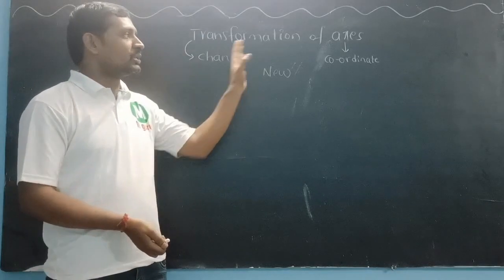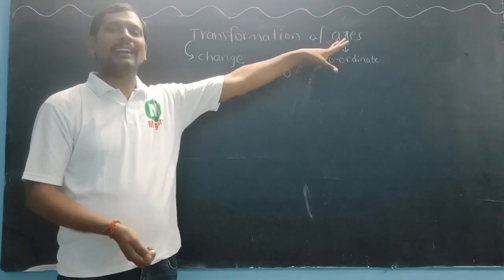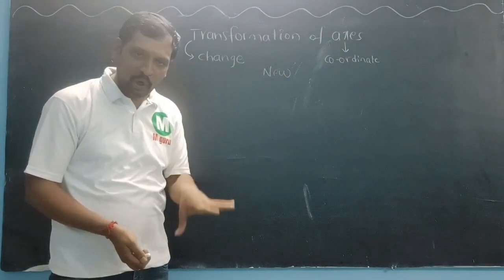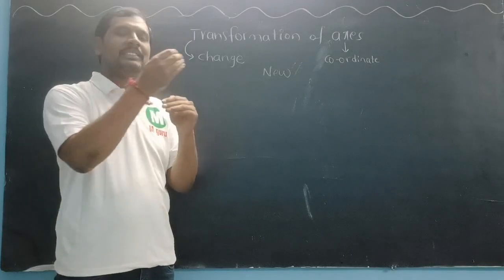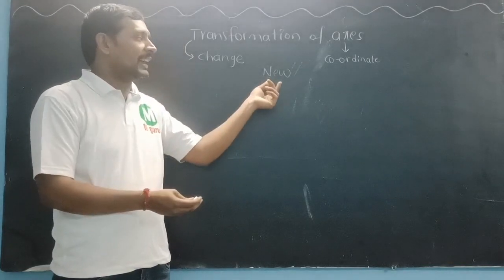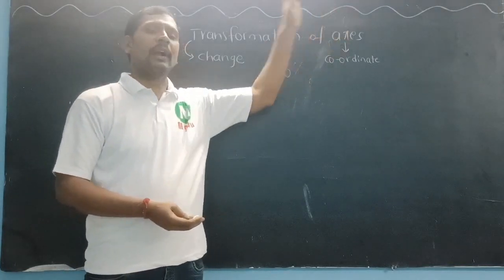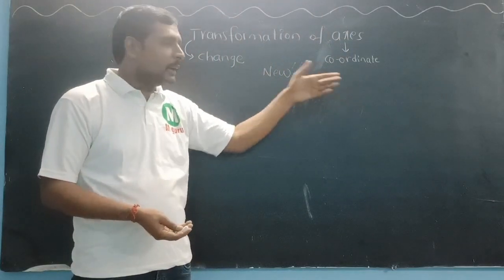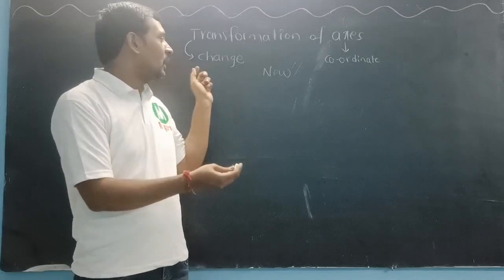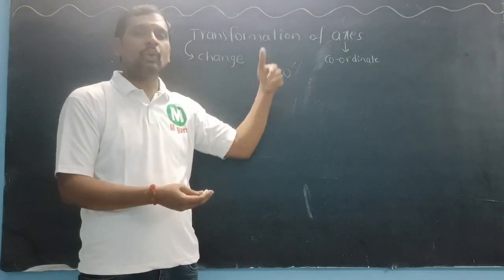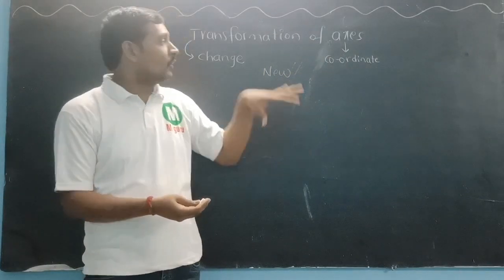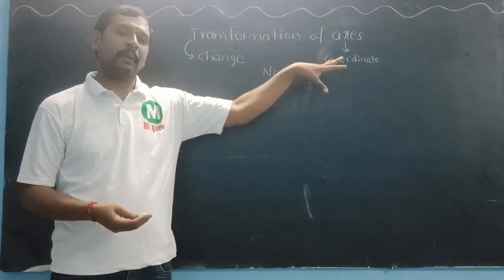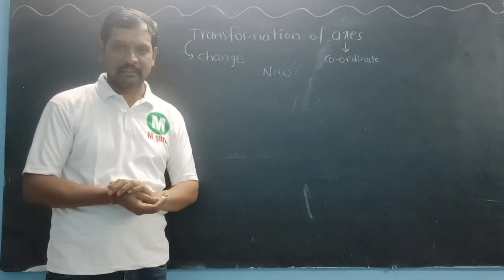So we are going to see how the coordinate axis is going to change. When we are changing it, we call it a new coordinate system. So from the original, by changing something, we are going to get a new coordinate system. That we are going to see in this topic called transformation of axis.